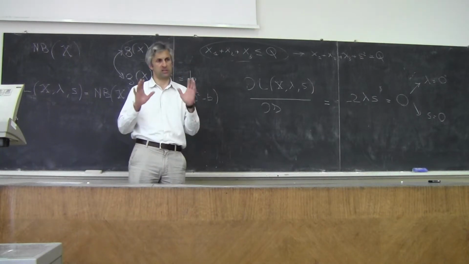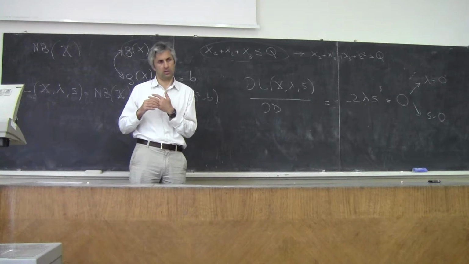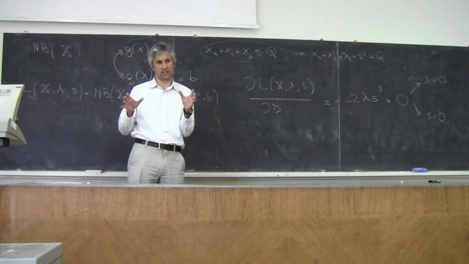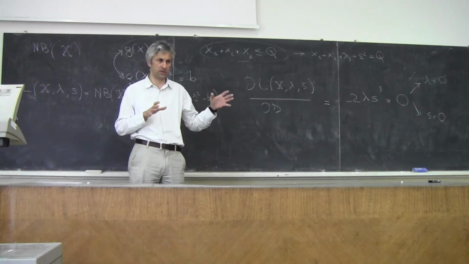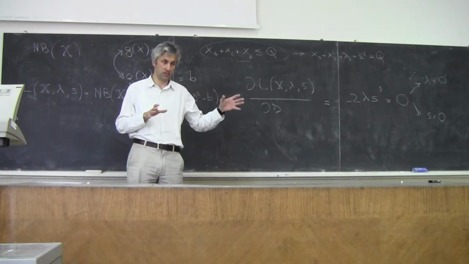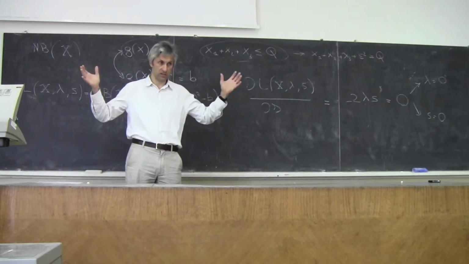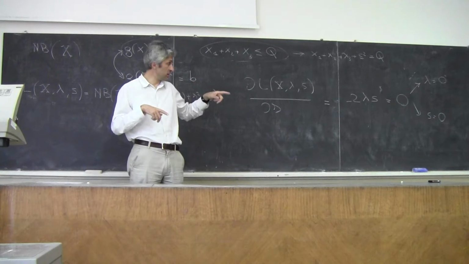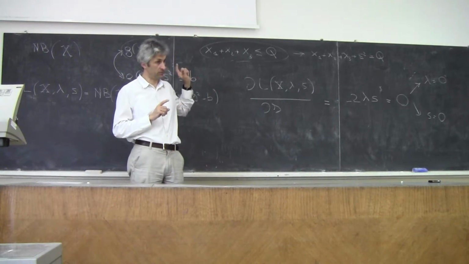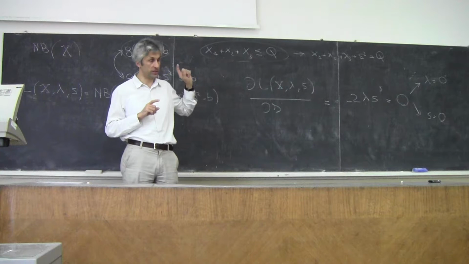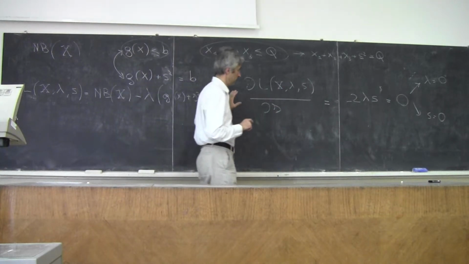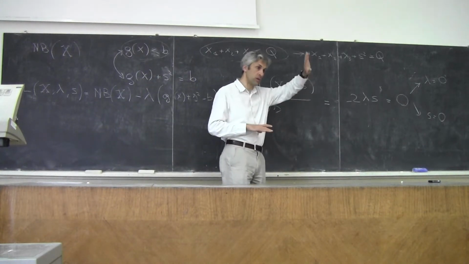So basically what happens here? The situation, as I said, is unchanged with respect to the equality constraint, same derivatives, but there is one additional derivative. And this additional derivative is not related to the other equations.